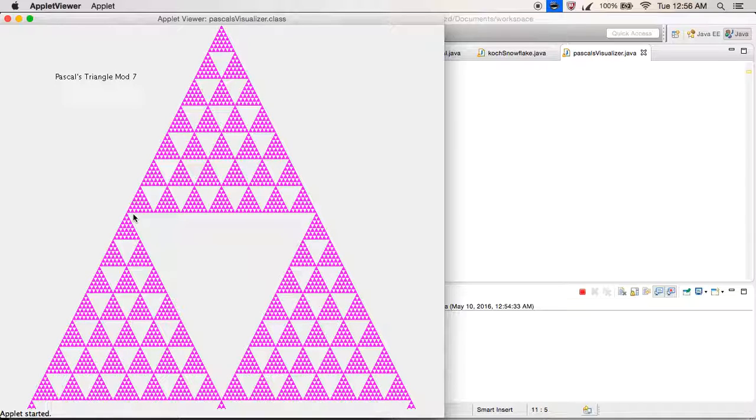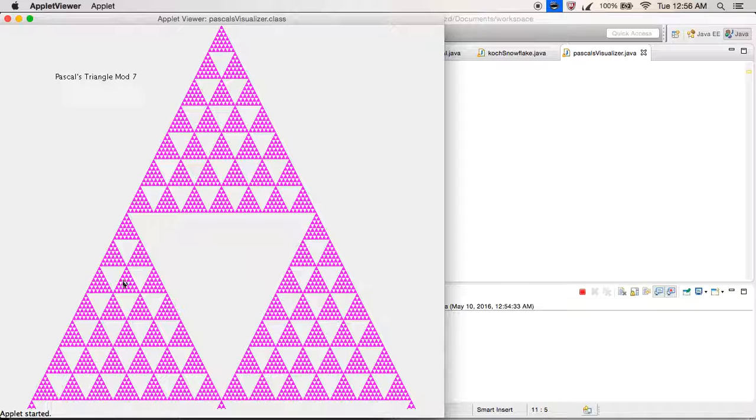You can rewrite that as 7 times, in parentheses, a plus b. So obviously 7 is still a factor, which makes perfect sense. Whenever you add 2 numbers divisible by 7, of course, the sum is going to be divisible by 7 as well. So if you have this long line of numbers all divisible by 7, their sums are all going to be divisible by 7 all the way down through this triangle. And that creates these patterns.